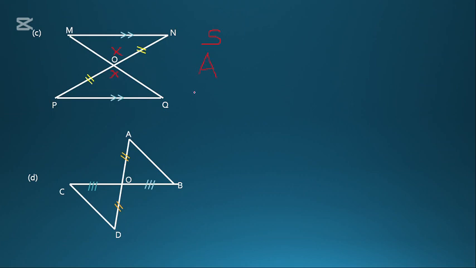Then thirdly, now we need to know if the third one is a side or an angle, right? No, we can't say anything about the sides, but we can say something about the angles because we know these two lines are parallel. Okay, so you see there, right over there.